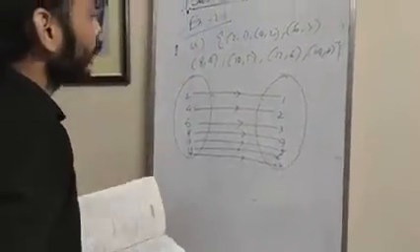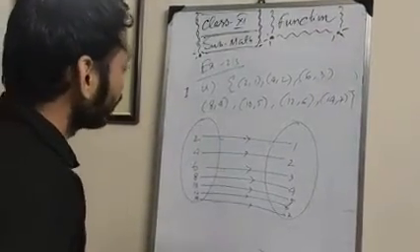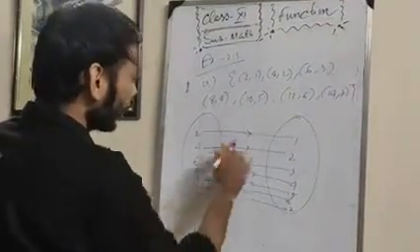You can see that f covered all the elements of the domain and assigned each to a unique element of the codomain.